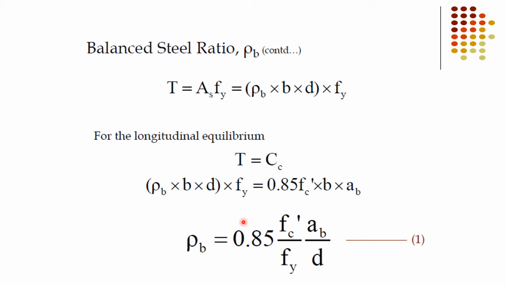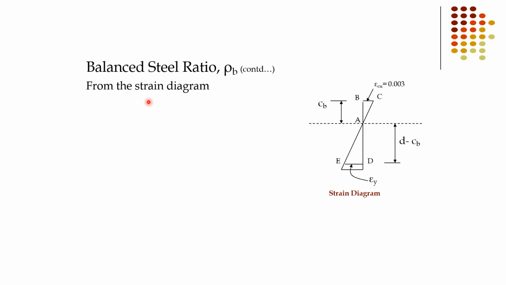When we design the beam, we have the properties fc prime, fy, and the effective depth of the beam, but we do not have ab. So how to calculate ab? Here is the strain diagram, the same I have shown in the previous slide. At top the strain is 0.003 and at bottom the strain is equal to the yield strain.